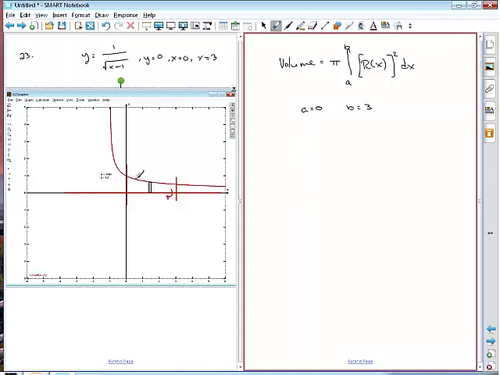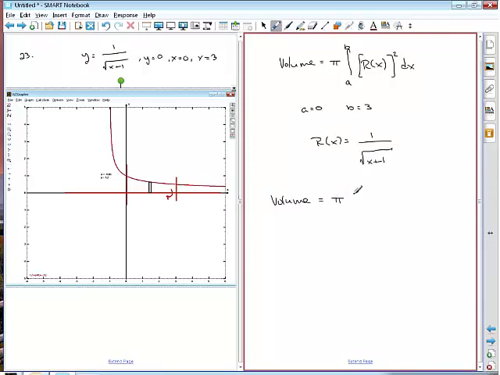What is r of x? Well, that's this curve, and it's already a function of x, so that's good for me. So r of x is just 1 over the square root of x plus 1. So now we just plug in.